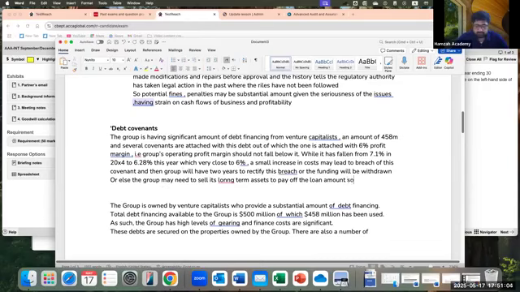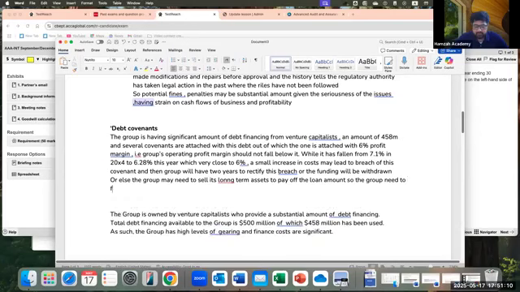So the group needs to focus its actions to avoid this significant breach of covenants, avoiding significant impact on its financing. Done.